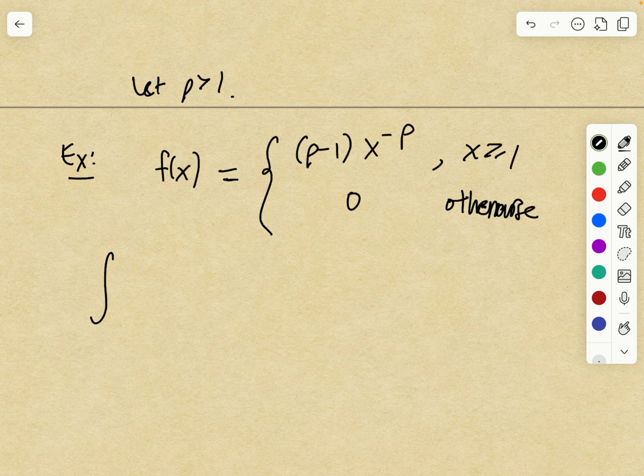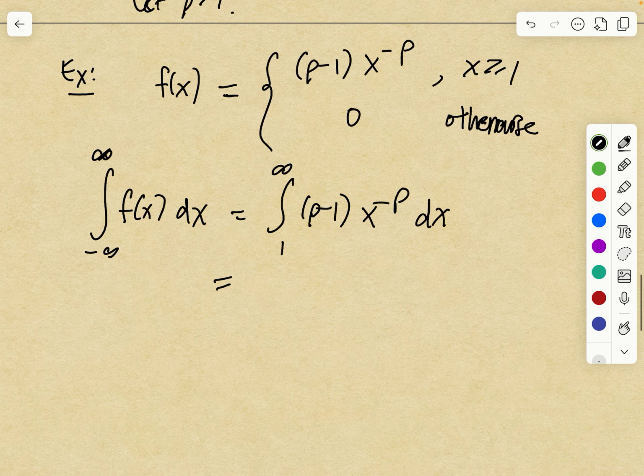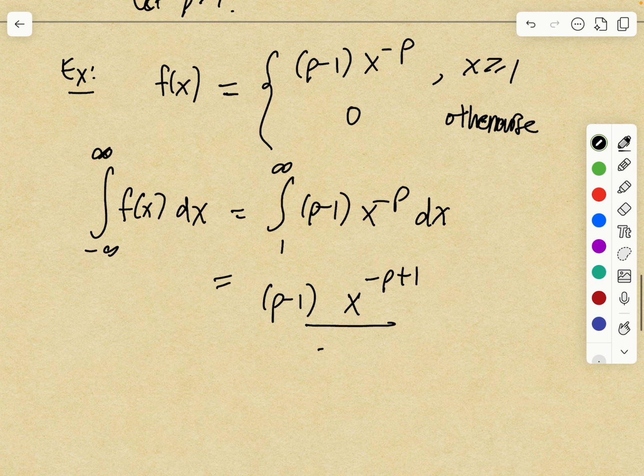So when you integrate from negative infinity to infinity, this is the integral from 1 to infinity of rho minus 1 times x to the minus rho. And then this is just going to be rho minus 1 times x to the negative rho plus 1 over negative rho plus 1 from 1 to infinity.